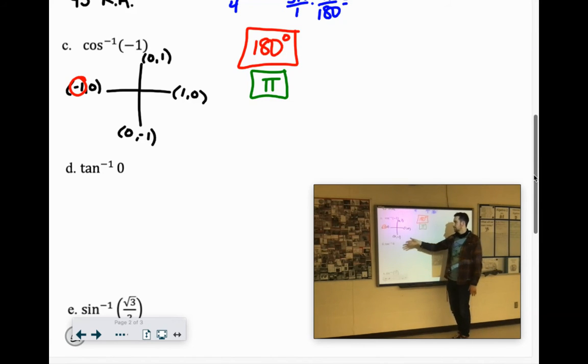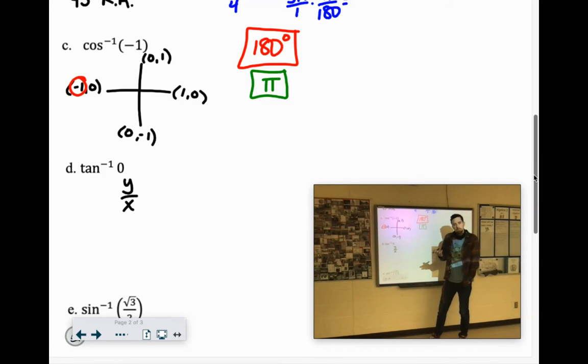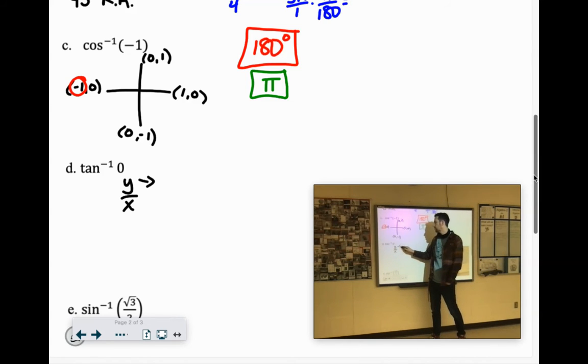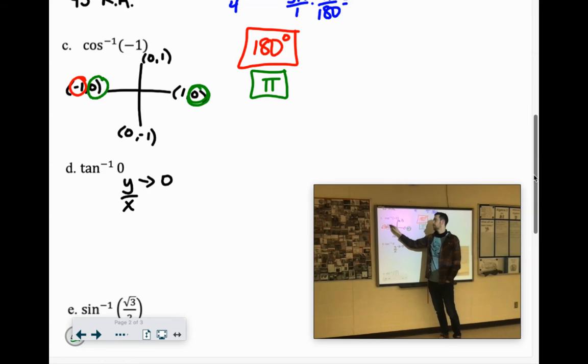The inverse tangent of 0. The tangent equals 0. So remember, tangent is y divided by x. So how can that equal 0? Well, the numerator would have to equal 0. So when do we have y equals 0 here? Let's look at what we just drew. Right here and right here, the y equals 0.